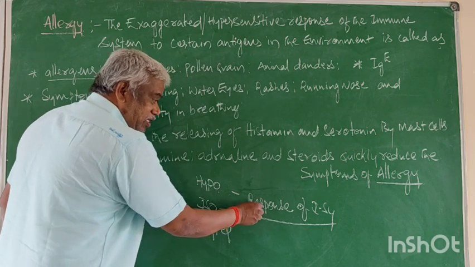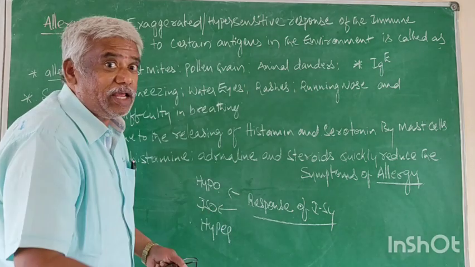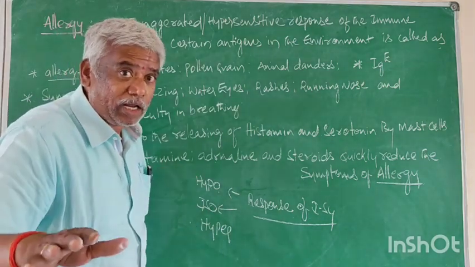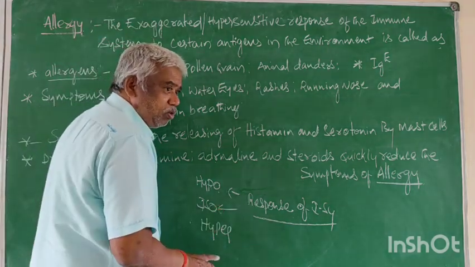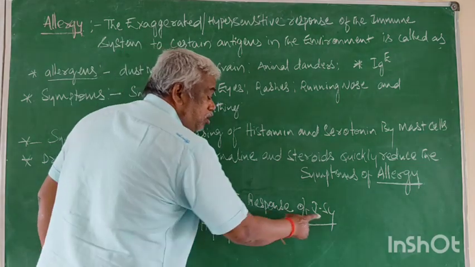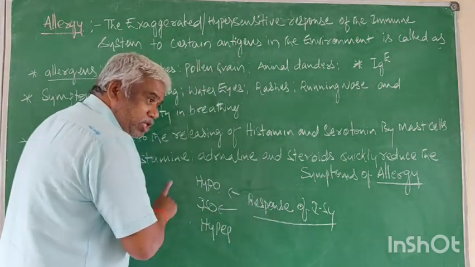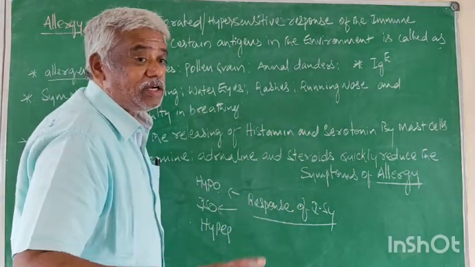If the response of the immunity system is iso, moderate, not less, not more, moderate, optimum. If the response of the immunity system is optimum, that is iso to the antigen. Good. That is healthy.